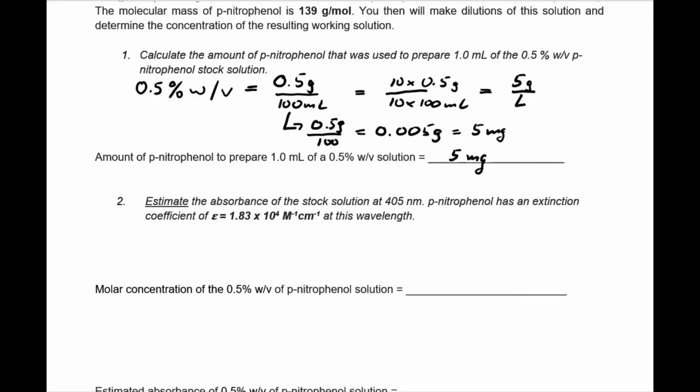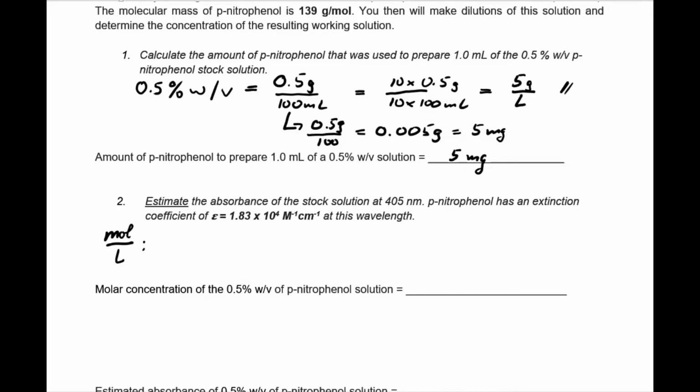Now we need to estimate the absorbance of the stock solution. And in order to do that, we need to convert this concentration that we have here, the 5 gram per liter, we need to convert that into a molar concentration. So we need to convert that to mole per liter.